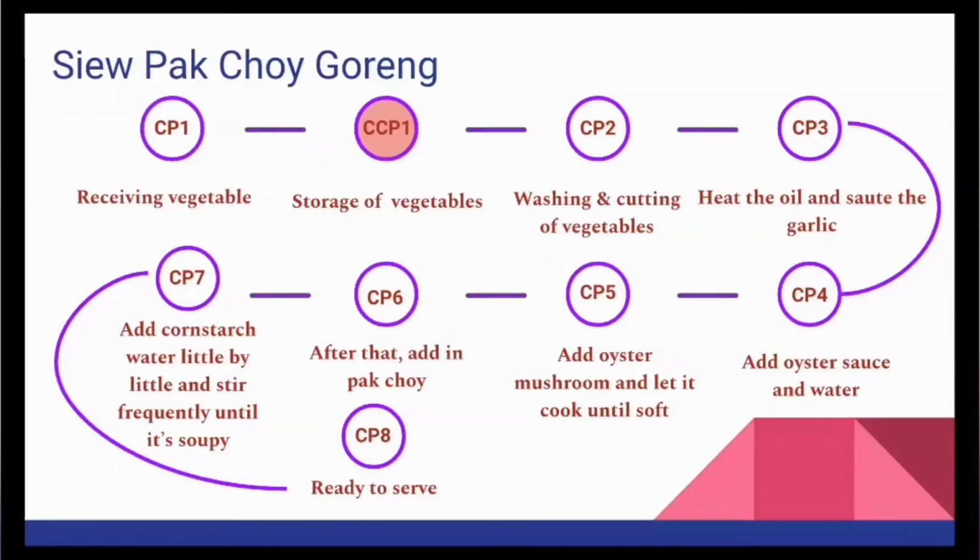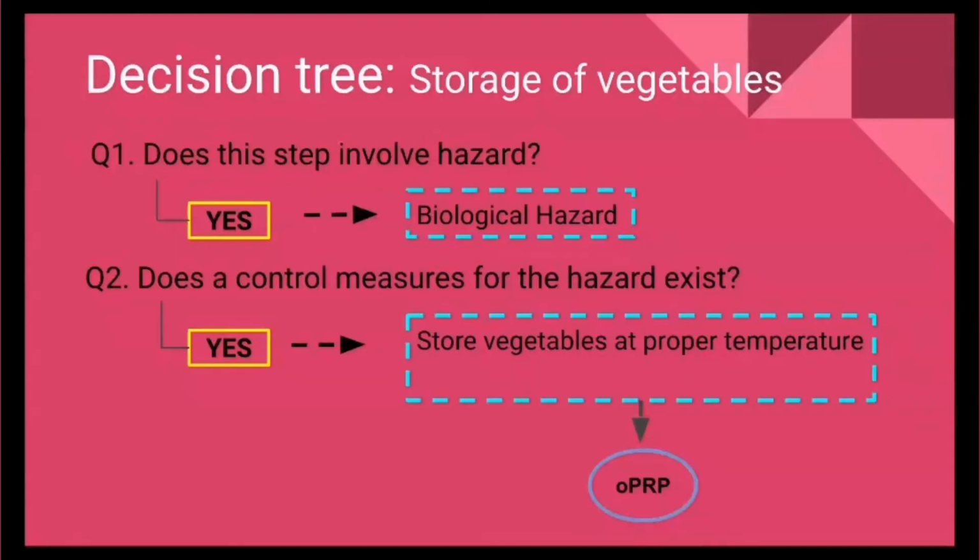So as you can see here, I label CCP1 for storage of vegetables before I label it as PRP or OPRP. So here is the decision tree for storage of vegetables. This step involves biological hazard as it is contaminated with soil. And the control measure for this hazard is to store the vegetables at proper temperature.